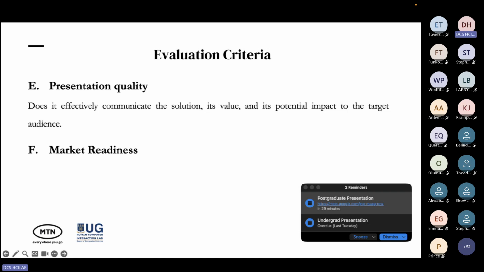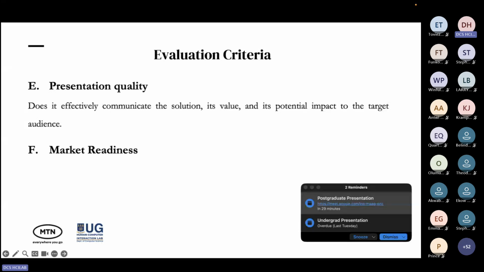Then for when we start the presentations, this would be for teams that eventually make it to the ideation sprints. We would also be looking into the quality of your presentation. Are you able to effectively communicate your solution, the value of the solution, and its potential impact to your target audience?